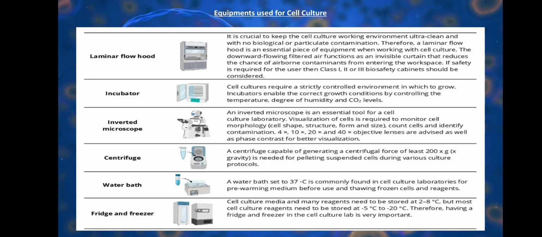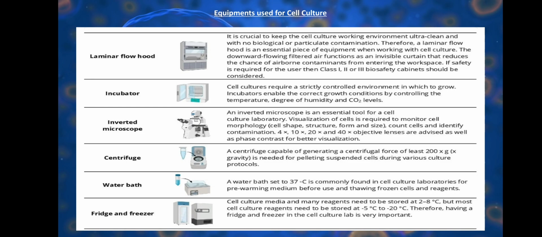The downward flowing filtered air functions as an invisible curtain that reduces the chance of airborne contaminants entering the workspace. If safety is required for the user, then class 1, 2 or 3 biosafety cabinets should be considered. On the basis of this, there are three different types of hoods present in laminar airflow chambers.